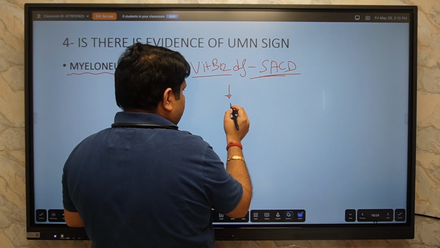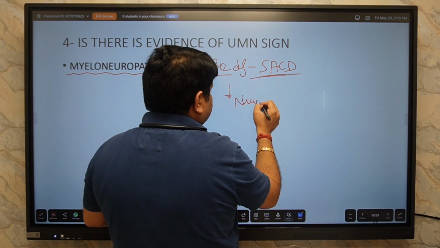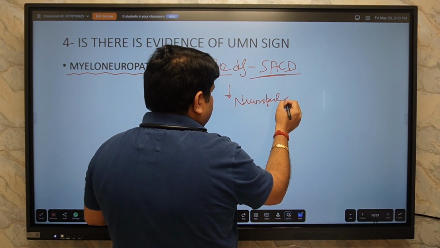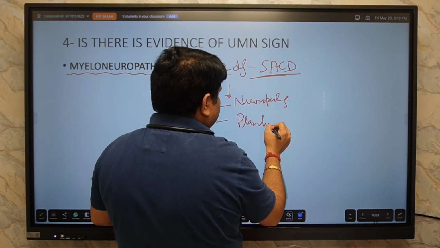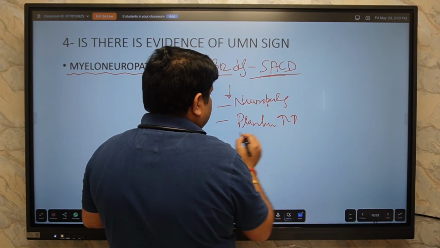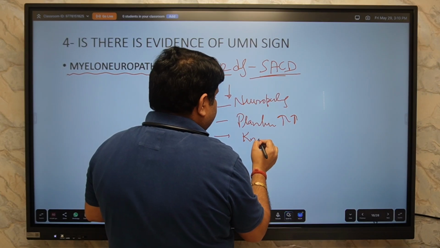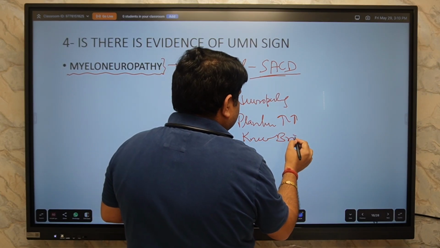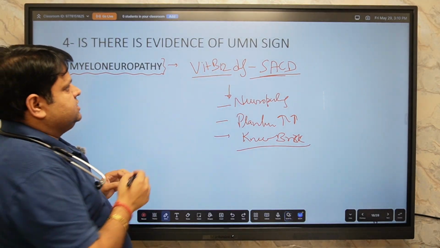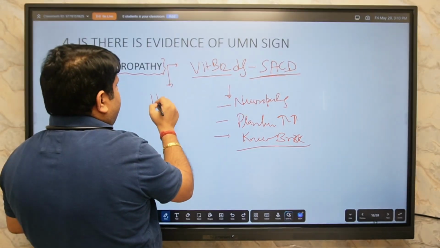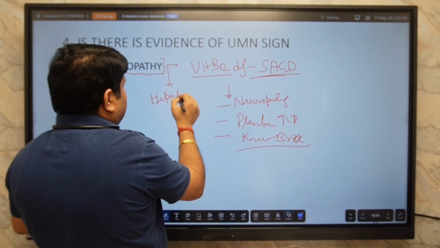There is a neuropathy with plantar extensor and the knee reflex may be brisk. So this type of presentation may be seen in vitamin B12 deficiency and hepatic myeloneuropathy in hepatic failure.